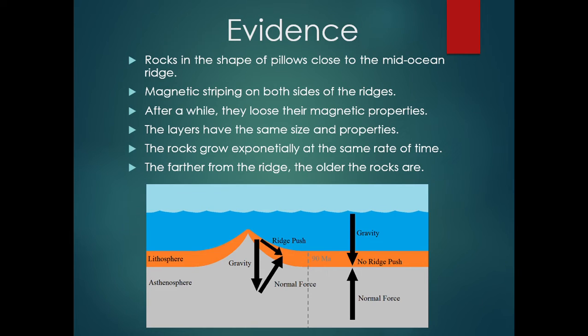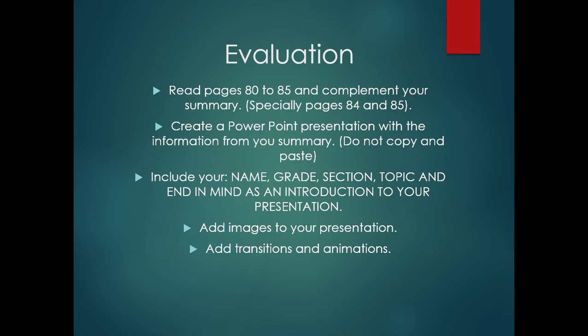You can see that the rocks are going to be produced. They're going to go down because of the hill that is created by the mountain, and they are going to start going away from the middle of the ridge. So they're going to lose their magnetic properties, and of course, they are going to be older and older.